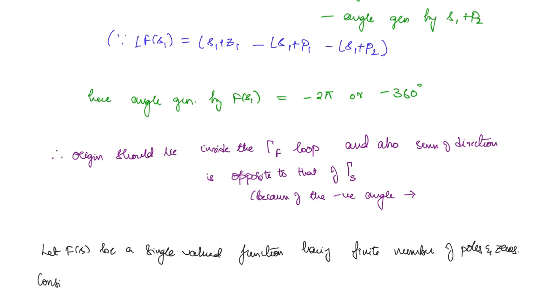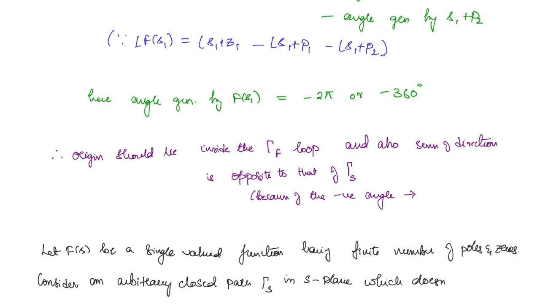Then consider an arbitrary closed path gamma s in the s plane which doesn't pass through any poles or zeros. So when we have taken the contour, it was not passing any zeros or poles.